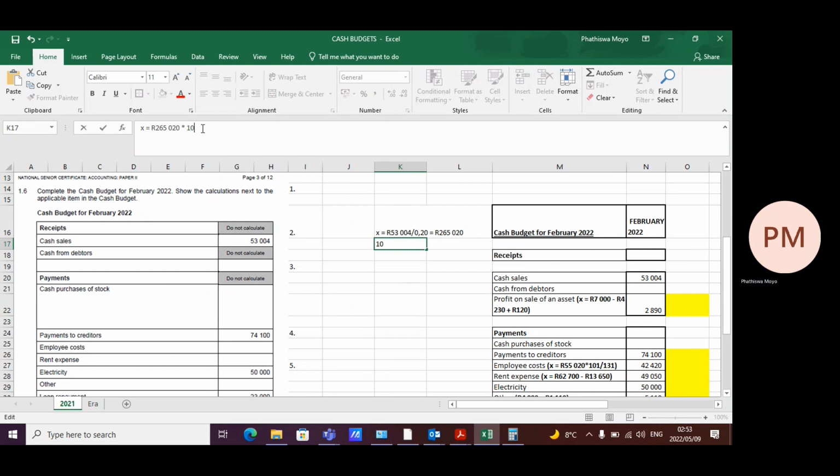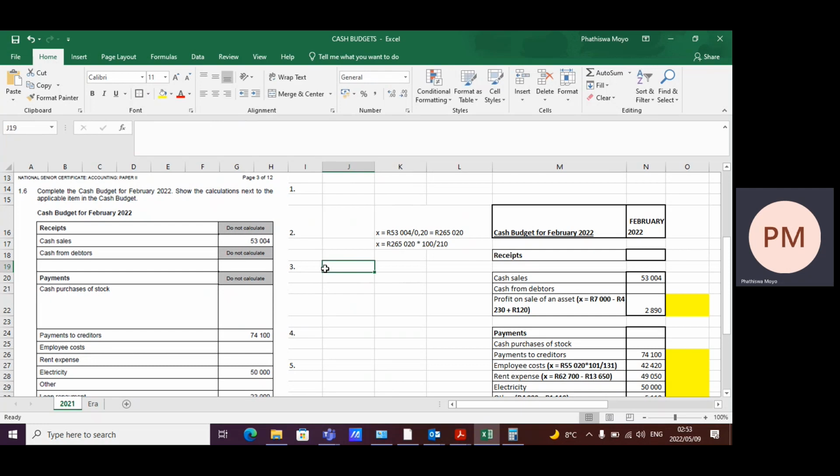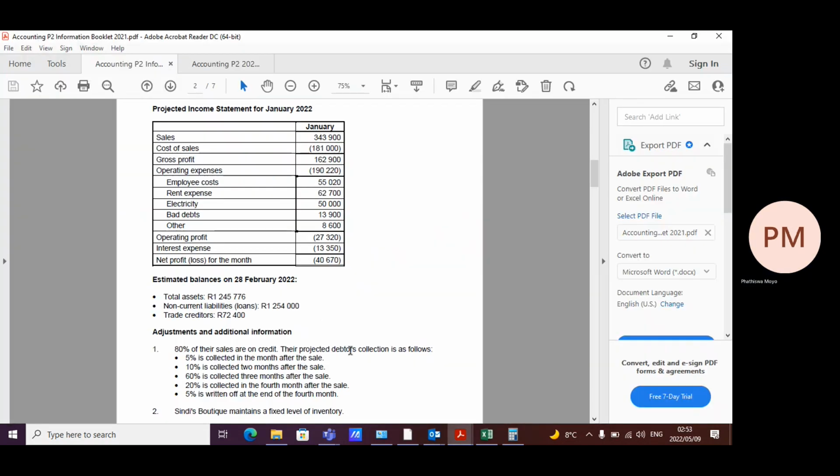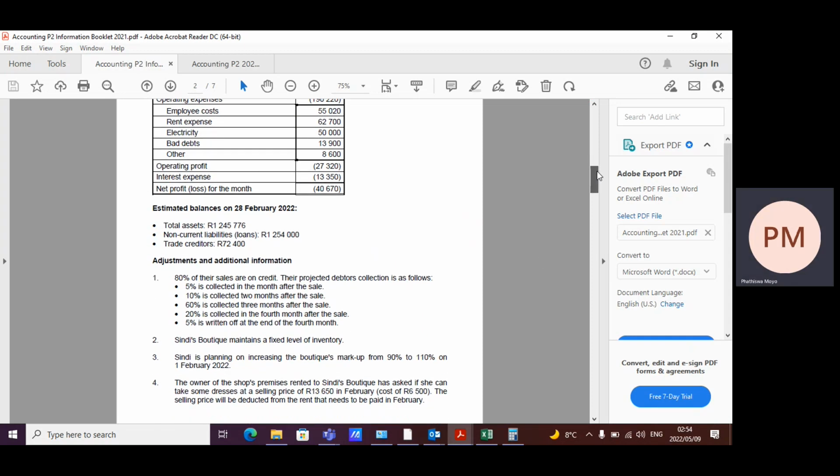Meaning this is 100 divided by 210. Where did I get 210? From January, the markup was 90. Now it's 110.